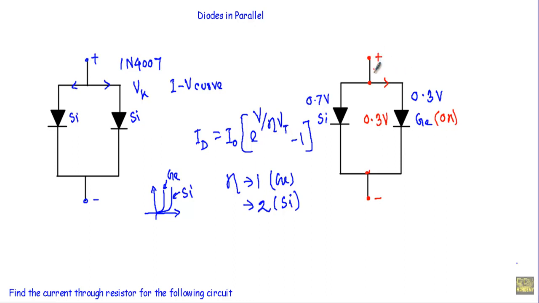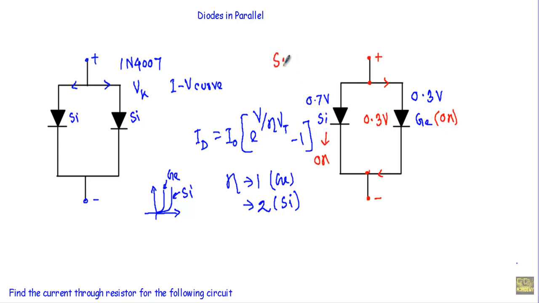So most of the current from the source will be drawn by this germanium diode, and due to the 0.3 volt difference between this terminal and this terminal, it is not possible for the silicon diode to be in on state because 0.3 volt will not turn on the silicon diode.